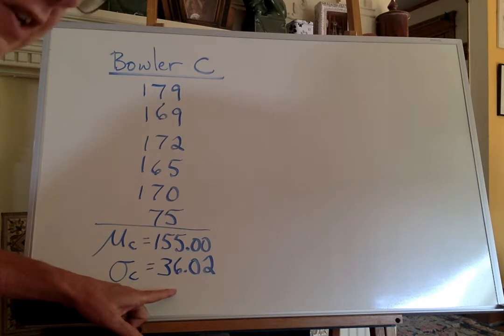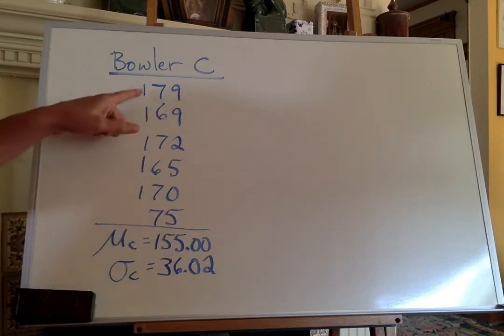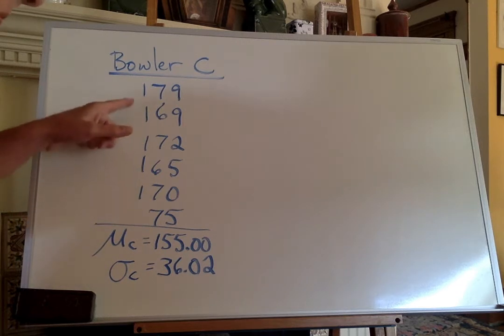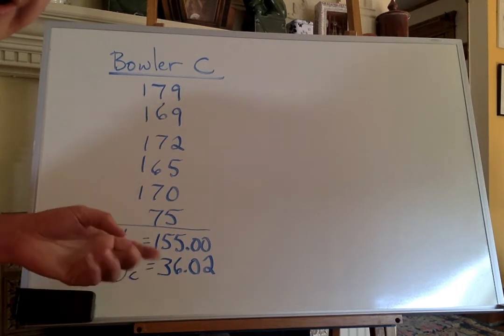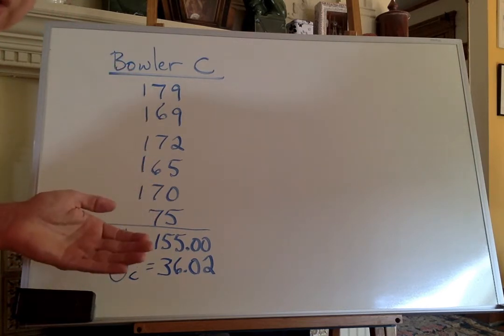That is very inconsistent, very unpredictable in a way, right? But I'm looking at bowler C and I'm like, looking at these scores, wow, I mean, that's actually a pretty consistent bowler, and it looks like they are bowling better than an average of 155.